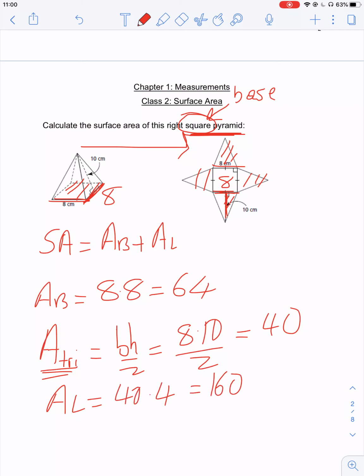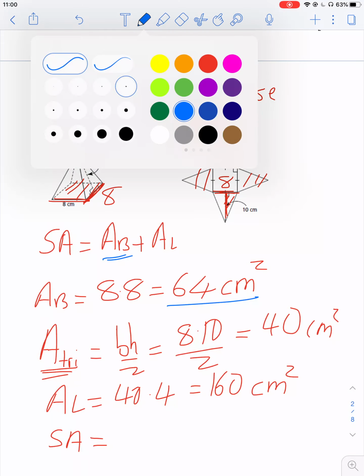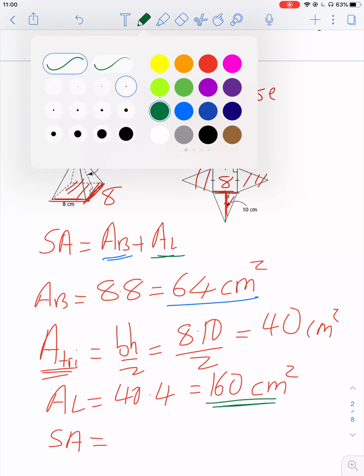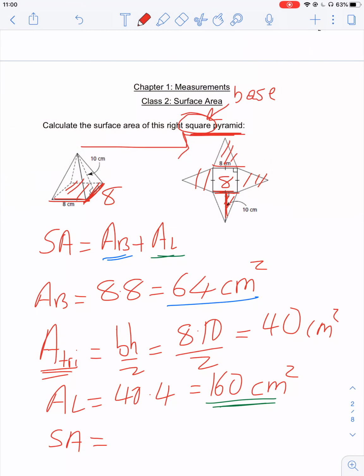So SA is equal to AB, which is this, plus AL, which is this, right? So let's write this out. AB is 64 plus 160. And if you add this up, I think it's 224, but let me check.